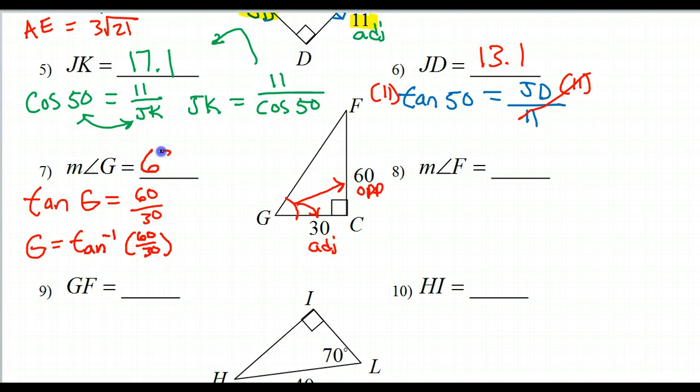So angle G is 63.4. Okay, so for F, we will just do 90 minus 63.4. That's 26.6 degrees. Oh, this was also degrees.